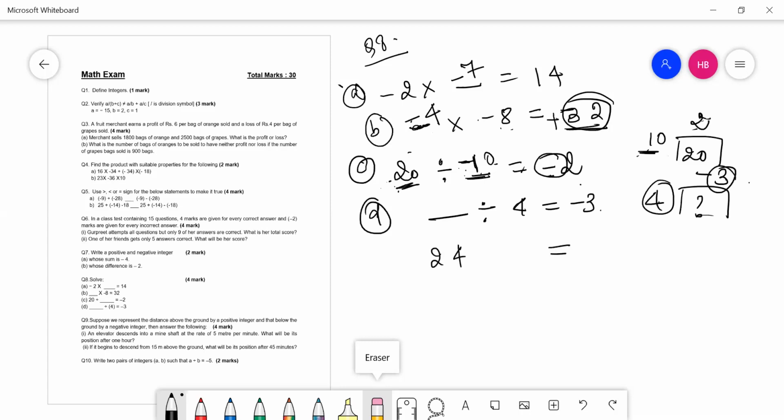But what sign should I have? I should have a minus sign in the dividend. Why? Because one operand has to be minus. My dividend has to be minus to get -3 as an answer, because minus divided by plus will give me minus. Okay, so my answer will be -24.